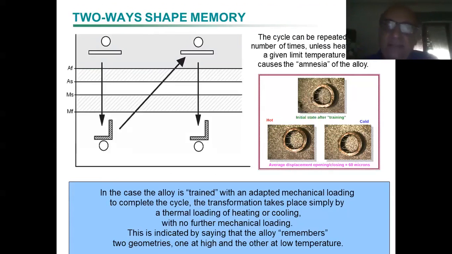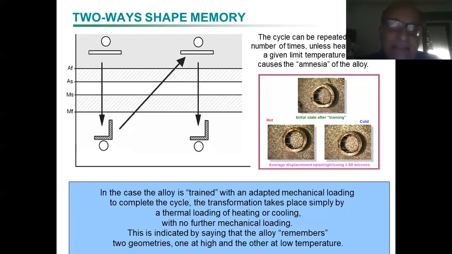You can repeat the cycle a large number of times, and you do this kind of training. So you have each treatment, basically. You repeat it a large number of times, and in the end, the alloy remembers that at low temperature it needs to be of one shape, and at high temperature it needs to be of another shape.